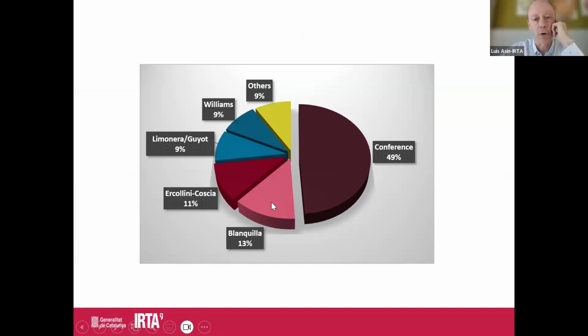After that, there are 4 cultivars with similar importance: Blanquilla, which in other countries they call Espadona, a Spanish cultivar; Ercolini, an Italian cultivar; Limonera Guyot, which comes from France; and Williams. But in our case, the main one is Conference, and we have no problems with compatibility.